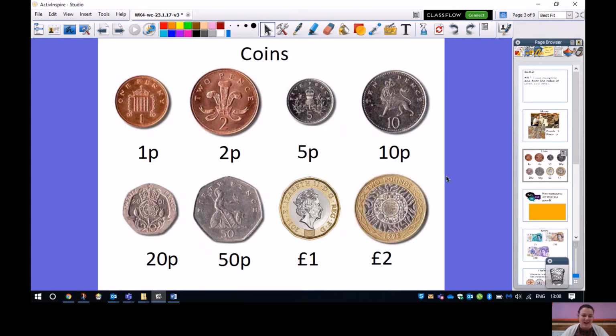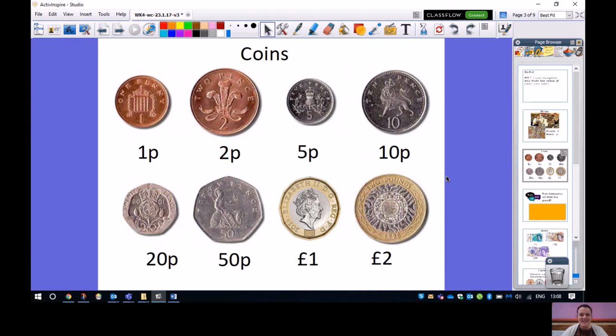We can have different amounts of certain coins to make other values. So I know if I have 10 1p coins, I have 10p. I know that if I have 2 1p coins, that is the same as 2p. And I can work out how many 1p coins I would need for 5p.